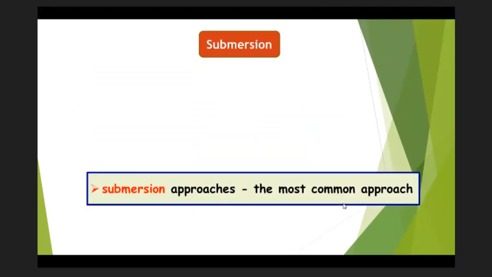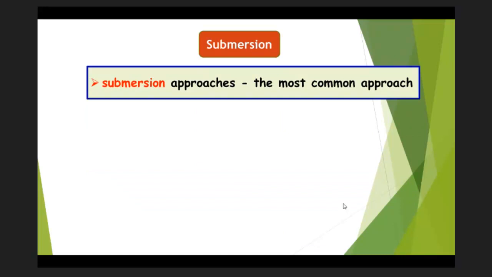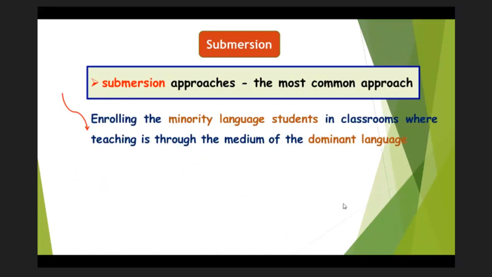The second approach is also the most common approach. In the submersion approach, the students of a minority language will enroll in a classroom where teaching is through the medium of the dominant language. It means that all the subjects will be carried out in the dominant language, not the minority language like the first approach.